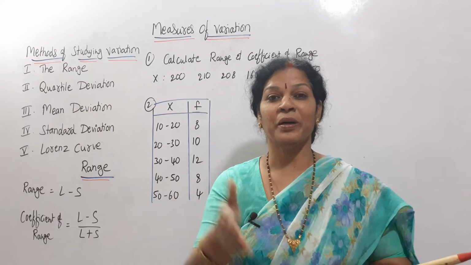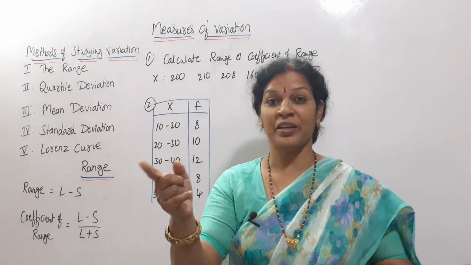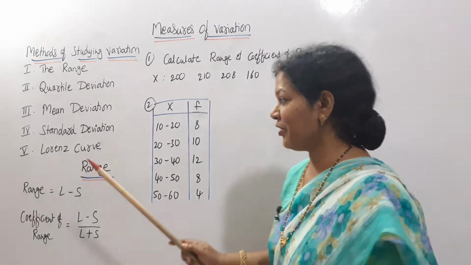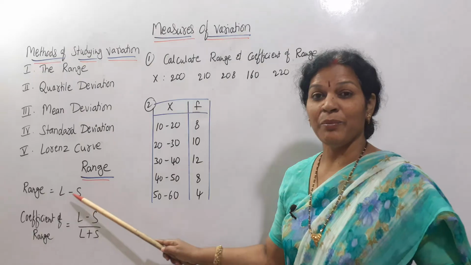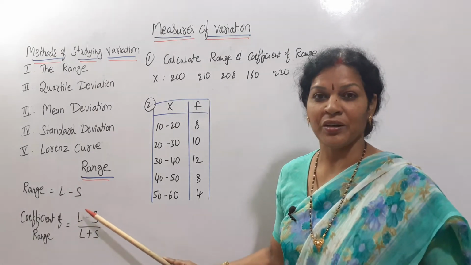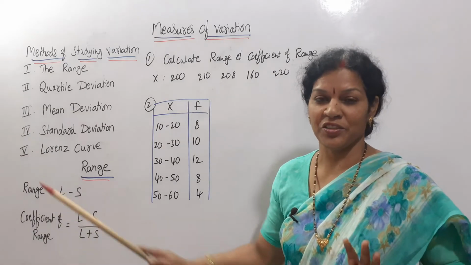Range means 100 minus 20, highest minus lowest, is the range. Got it? Now see the formula. Range means L minus S. L means largest value, small S means small value. The difference is the range.